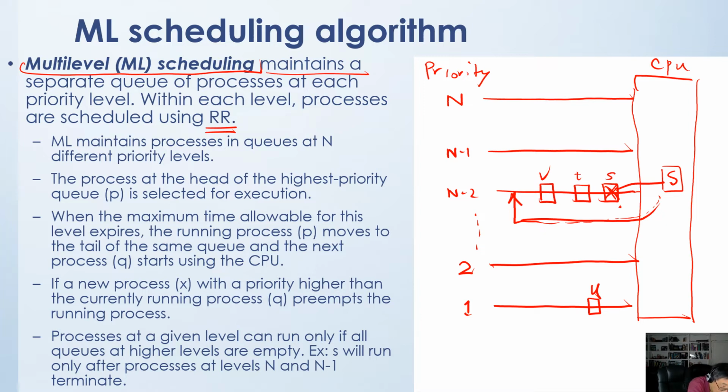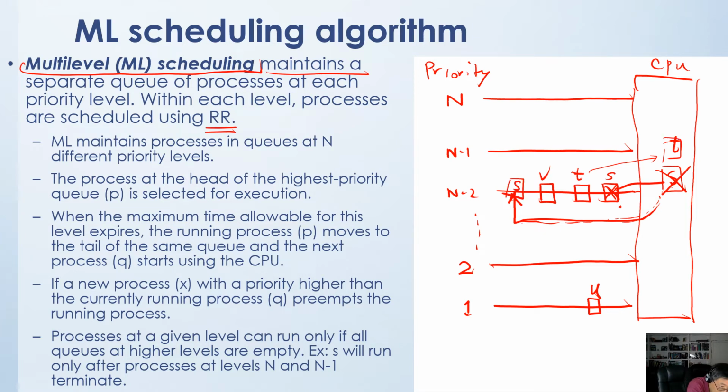And then it will pick the next process at the head of the queue, which is T. So T will be placed into the CPU, right? S has been removed from the CPU and placed at the tail.